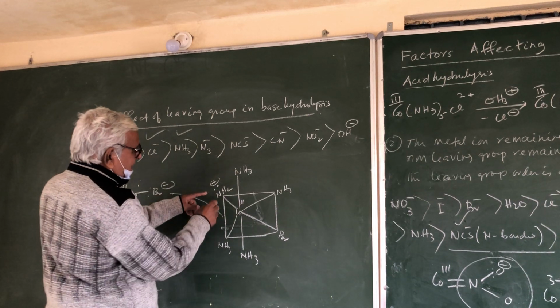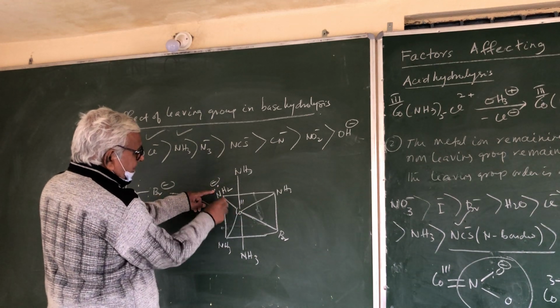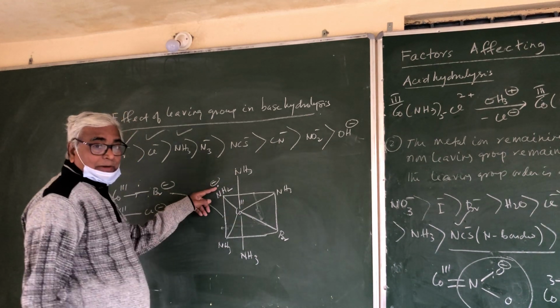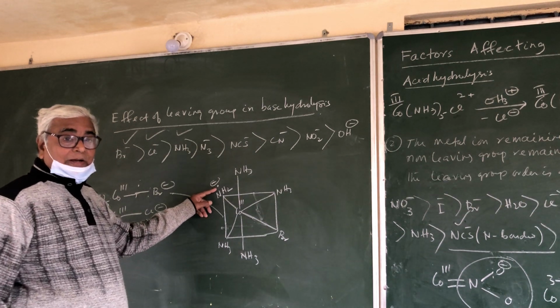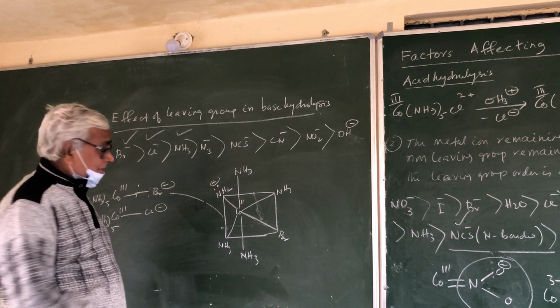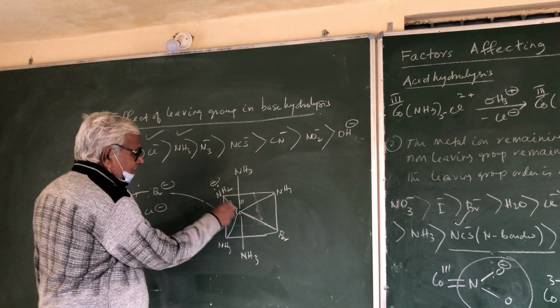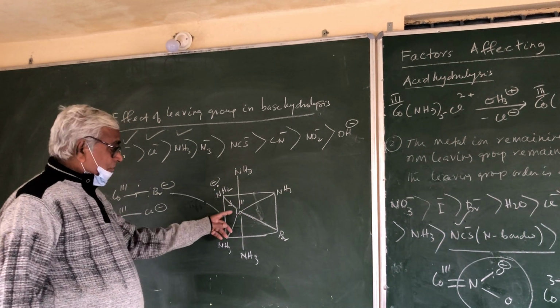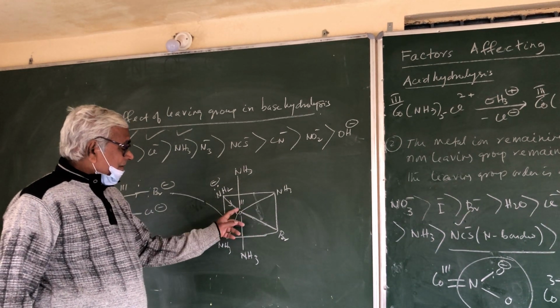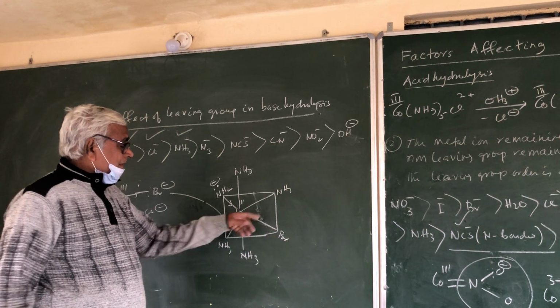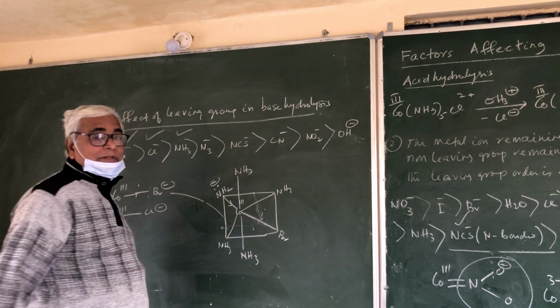The NH2 group can act as a sigma donor and a pi donor. So it pushes electrons to the cobalt 3 center, and the cobalt 3 bromide bond, the metal and leaving group bond, becomes longer. The bond breaking takes place easily.